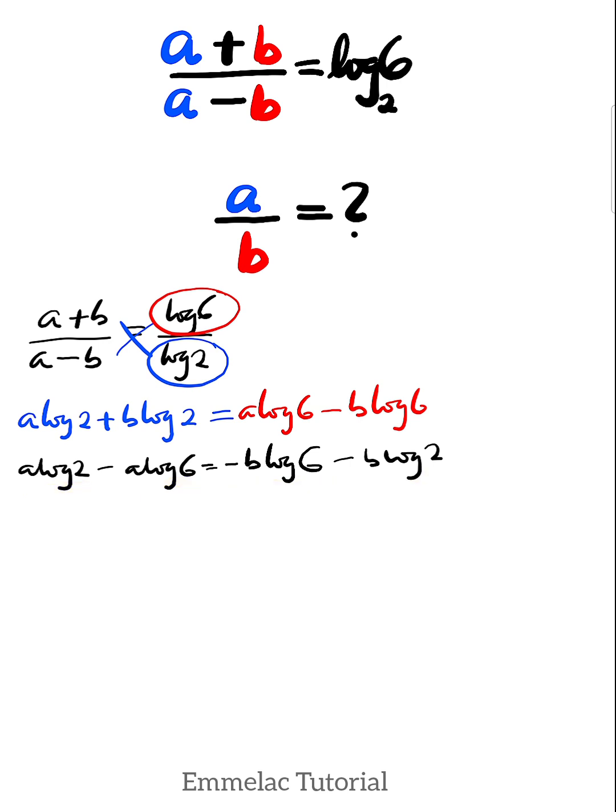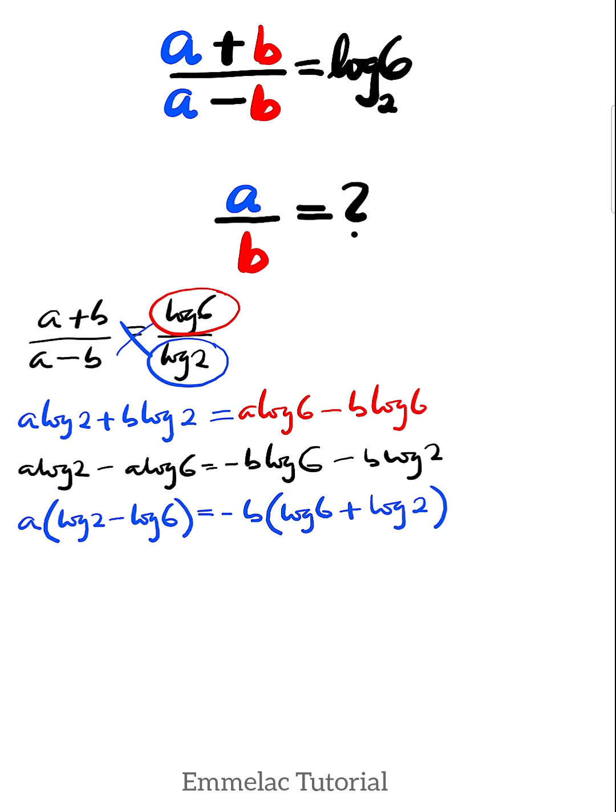That leaves us with a times (log 2 minus log 6) equals negative b times (log 6 plus log 2). The reason why this is plus is because we factored out negative b, so this sign changes to the positive sign.